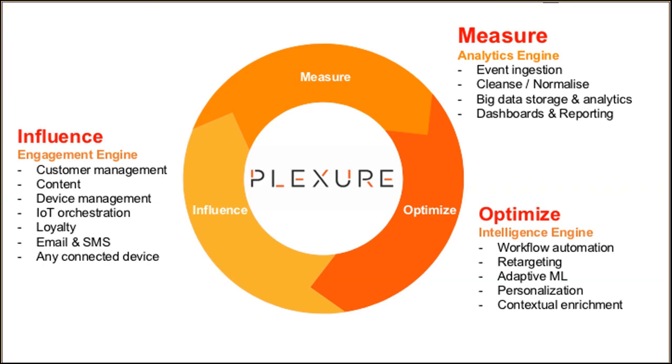One example is that if a customer walks into your store with your mobile app on their phone and reaches an IoT beacon which says that they've entered your store, Plexure will help you set up a workflow to look up that customer's preferences and send them a text or mobile application notification with a coupon for a particular thing that you think they might like.